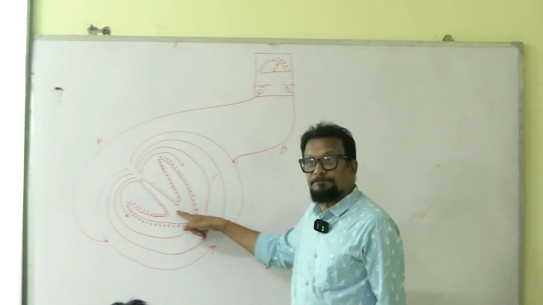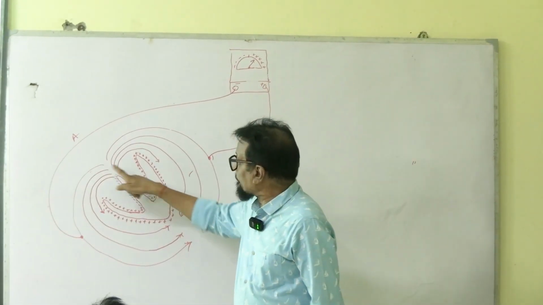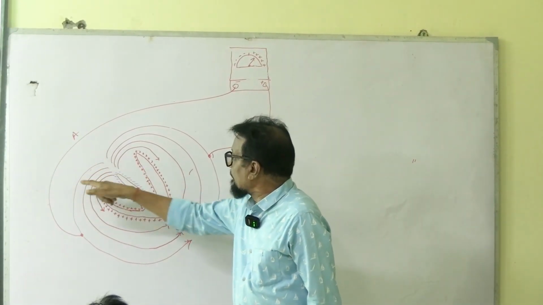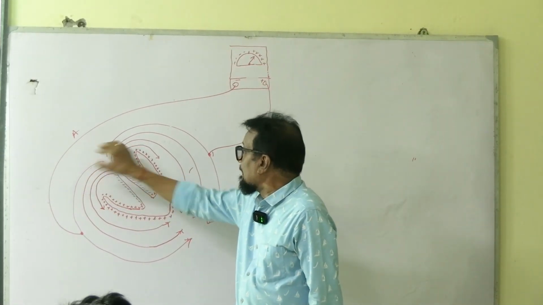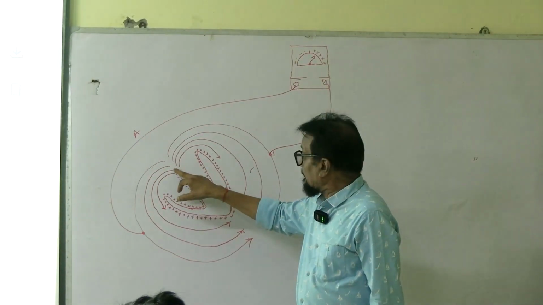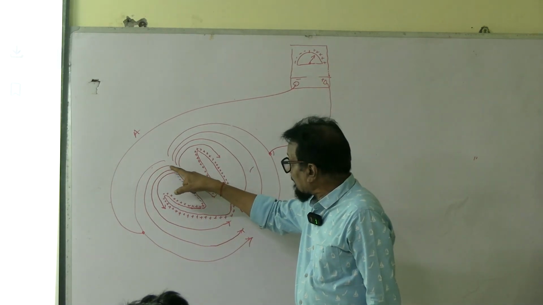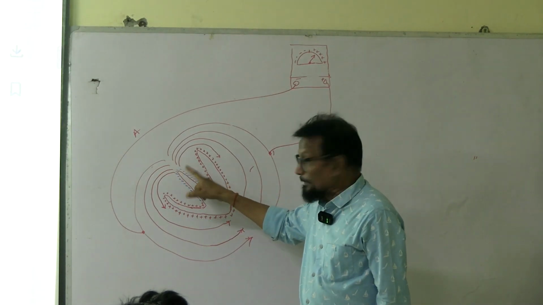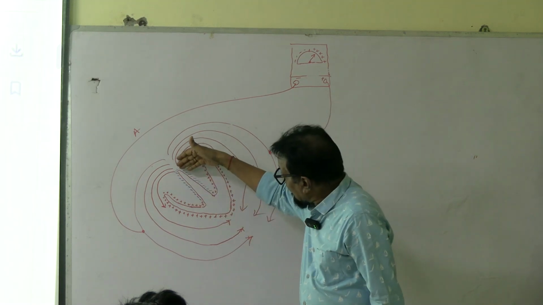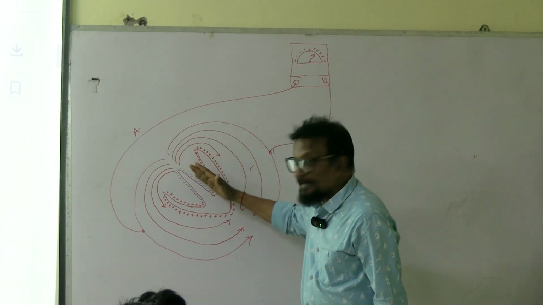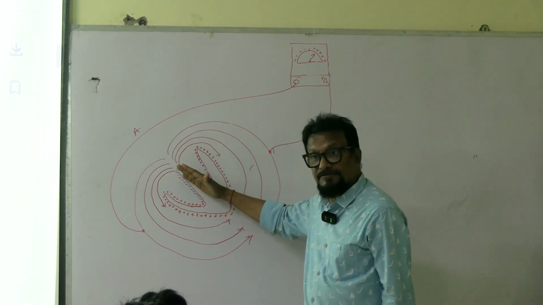towards the apex. From the SA node, it comes through the atria to the AV node. Here is the AV node. From the AV node, the impulse enters into the septum, mainly the left surface of the septum.